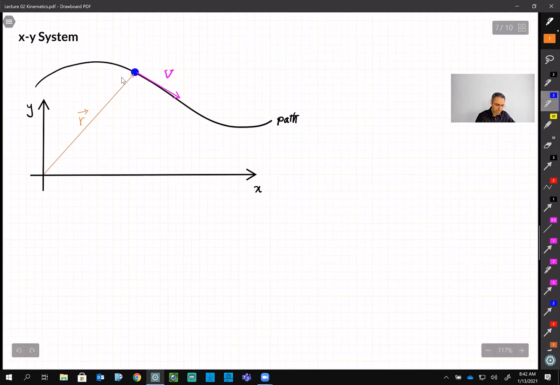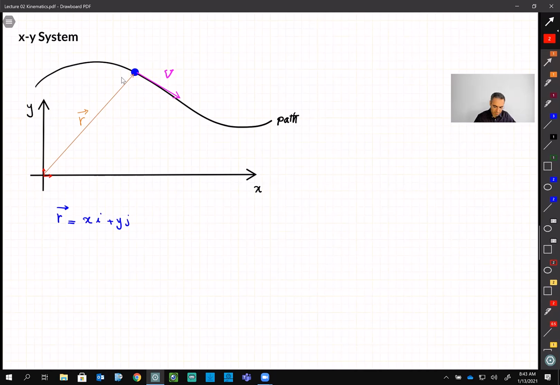What we will write then is R, which is a vector, is xi plus yj. Again, as you learn from math, i and j are simply the unit vectors. When we write i and j, this is just for simplicity, to tell how many units in x direction and how many units in y direction.